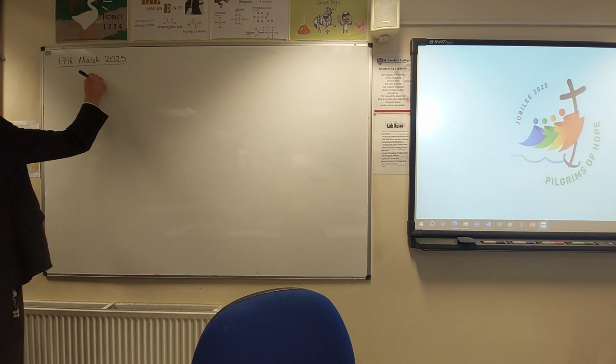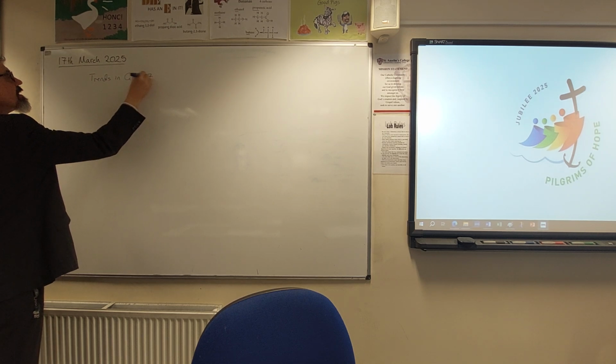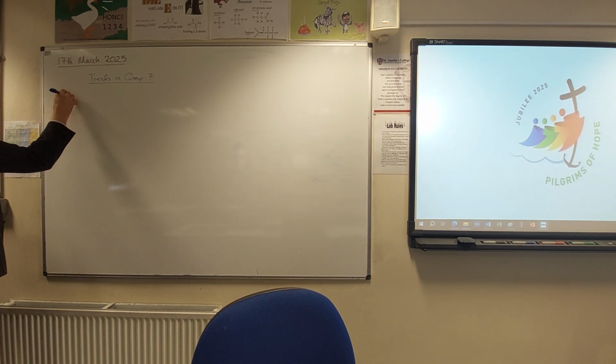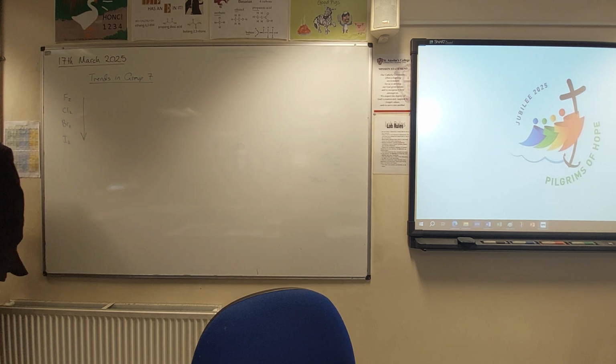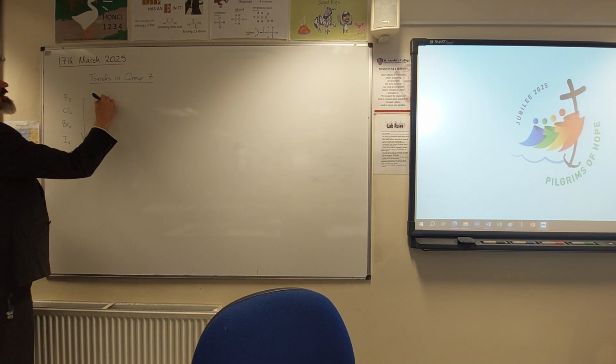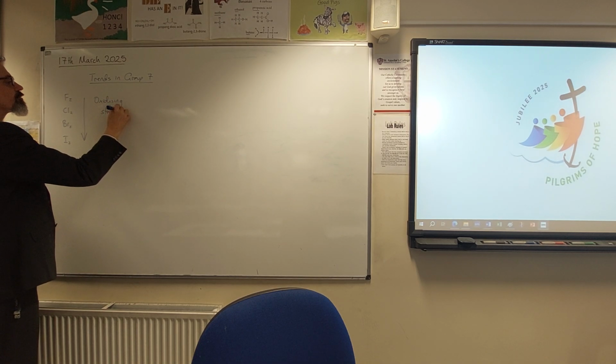So we're going to look at trends in group 7. So we've already had that. As we go down the group, Timmy, what's that trend that we had going down? Oxidizing strength decreases.